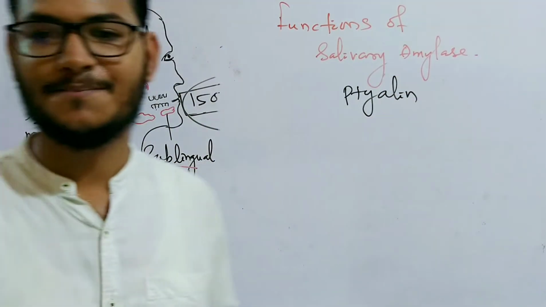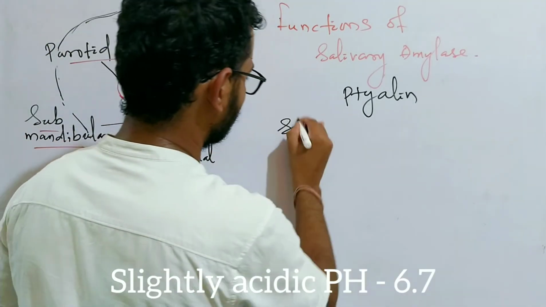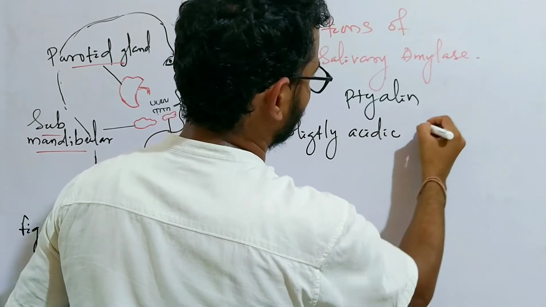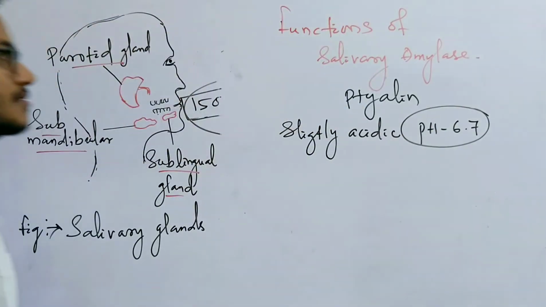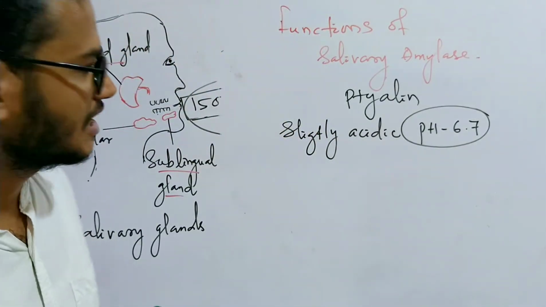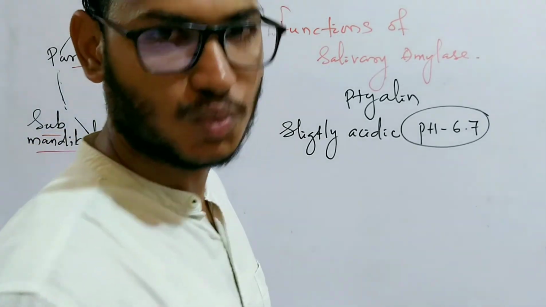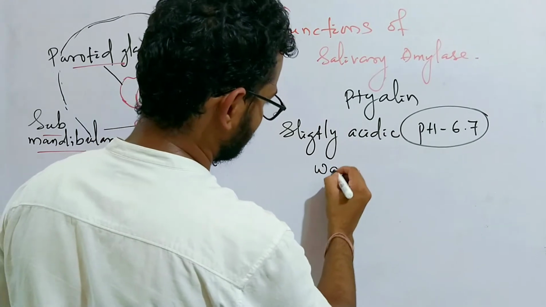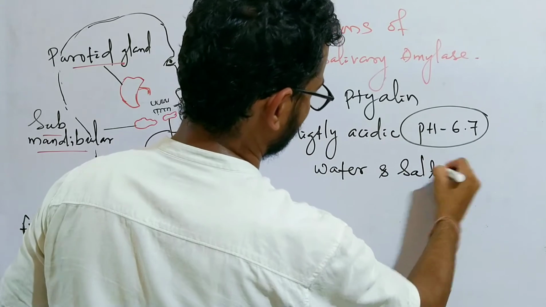It is slightly acidic, having a pH of 6.7, and it contains water, salt and salivary amylase. So the salivary amylase has water content along with some amount of salt.